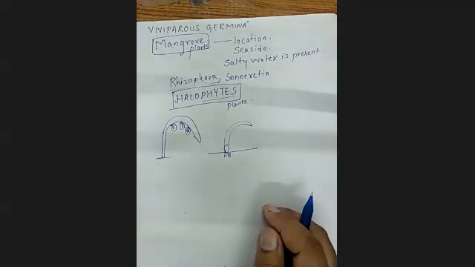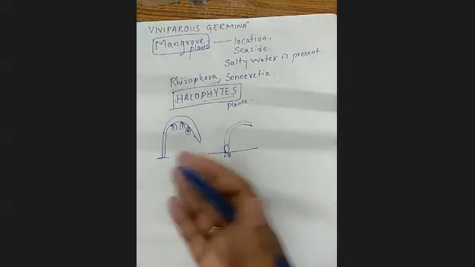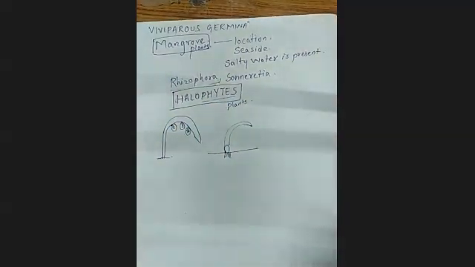Yes, miss. Okay, so that is what these plants do. They start their germination inside the fruit when the fruit is still attached to the parent plant. The fruit is not detached. The fruit is not on the ground, it is still on the plant, and the germination has started.